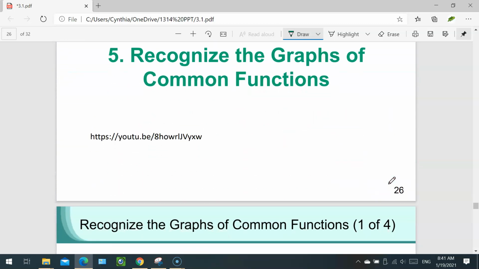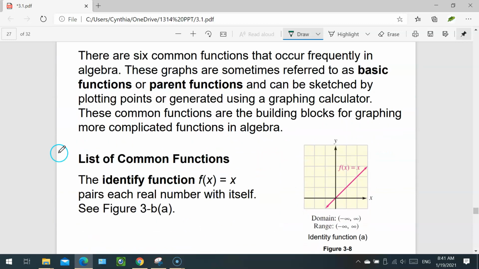Alright, so recognize the graph of common functions. These 6 common functions that occur frequently in algebra are sometimes referred to as basic functions or parent functions and can be sketched by plotting points or generated using a graphing calculator.